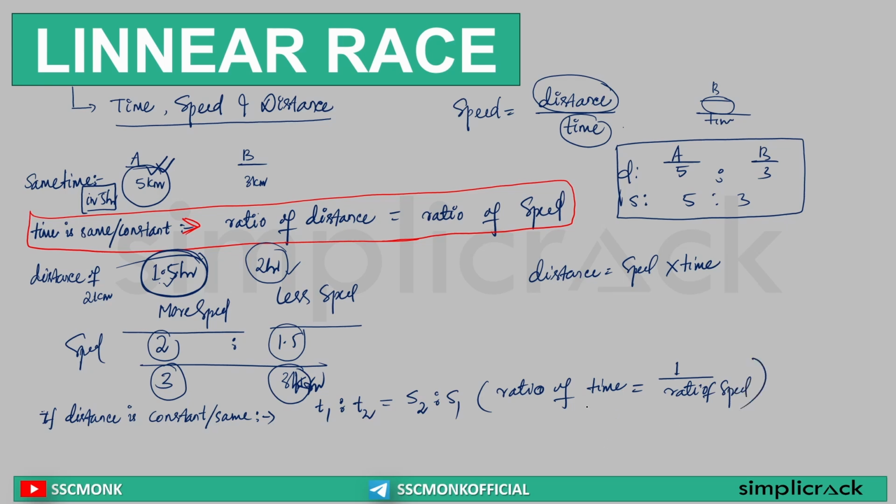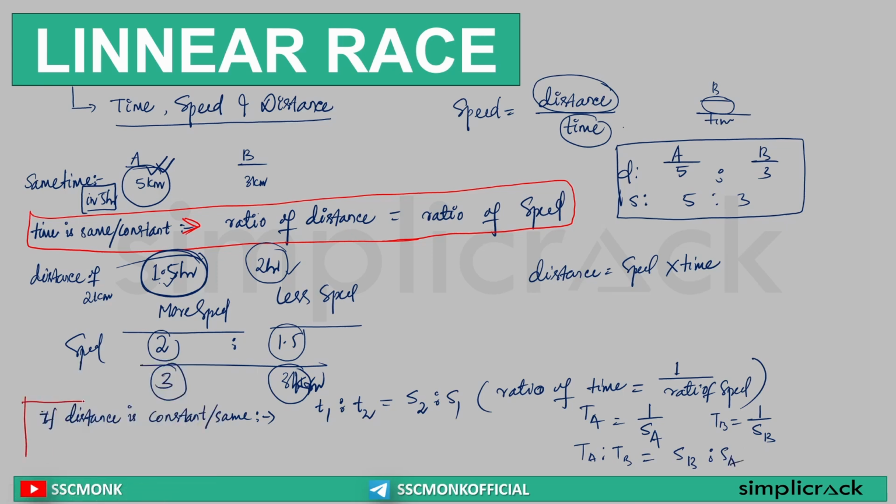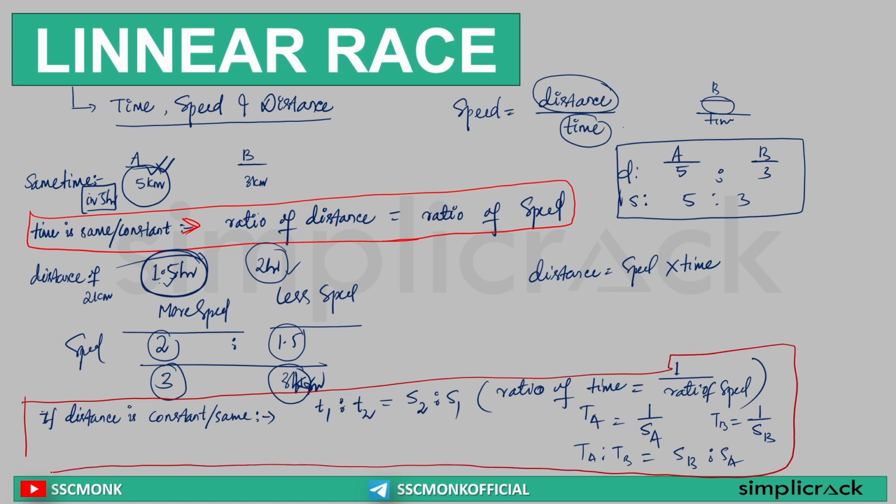That means the time taken by A is equal to 1 by speed of A. Same, time taken by B is equal to 1 by speed of B. Now TA is to TB will be speed of B is to speed of A. Clear? This is the second most important fact or theory you need to understand here, because through this we will be solving a lot of questions.